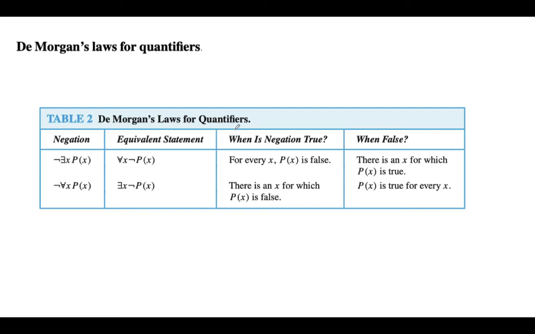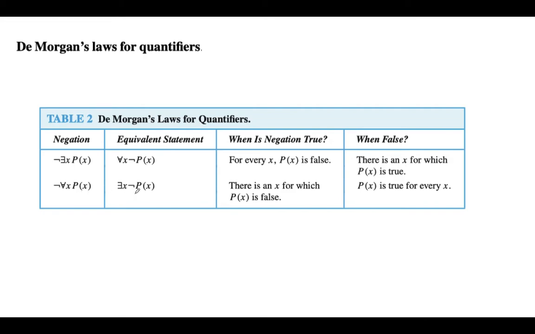De Morgan's laws for quantifiers. The negation of there exists x P of x is logically equivalent to for all x not P of x, and not for all x P of x.